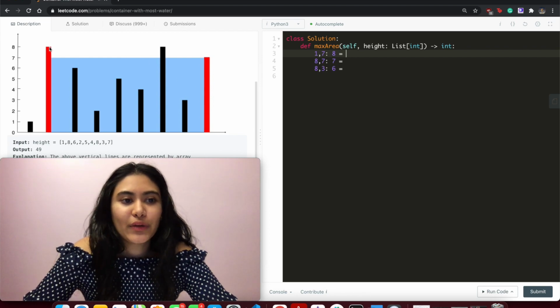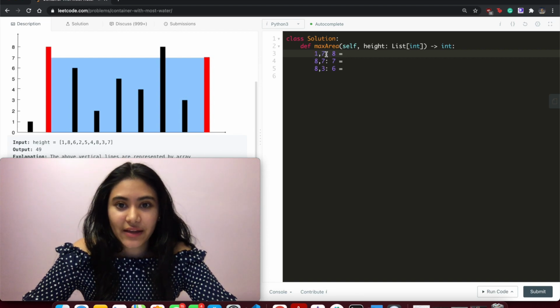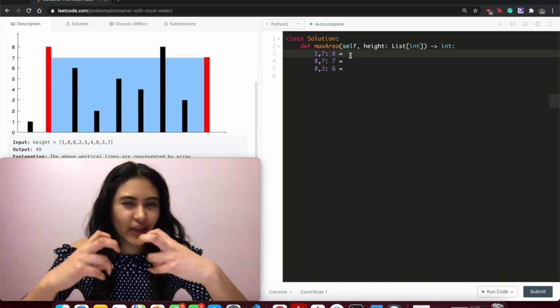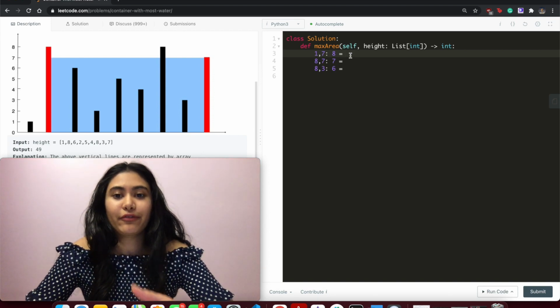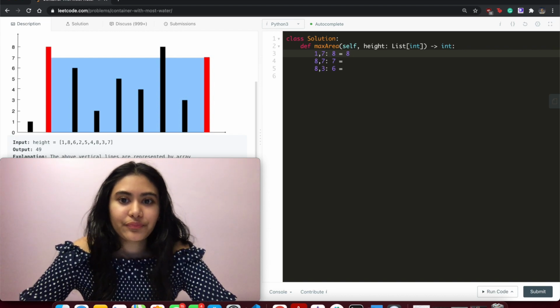No matter how tall the other side is, any more water we pour will overflow, so we can only store the minimum height. So for bars of height 1 and 7, we will only ever be able to store 1 unit of water height-wise, and we can do that for 8 units across. So 1 times 8, we would get an area of 8.